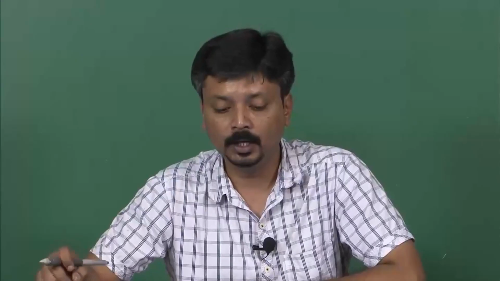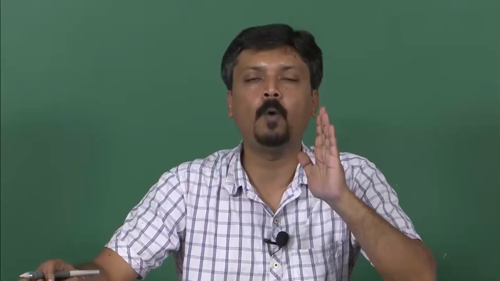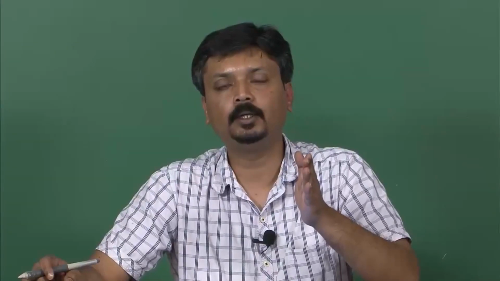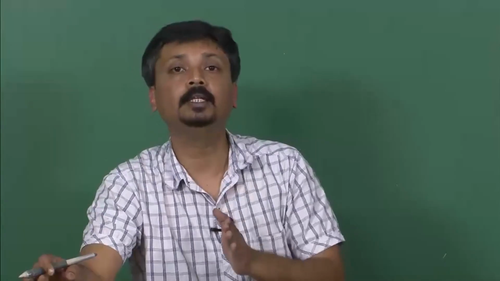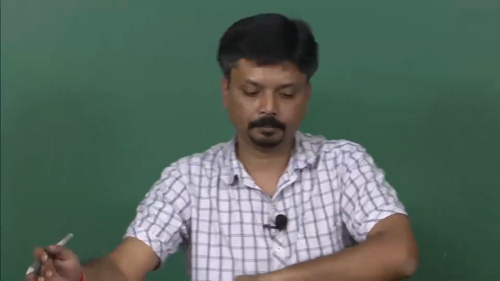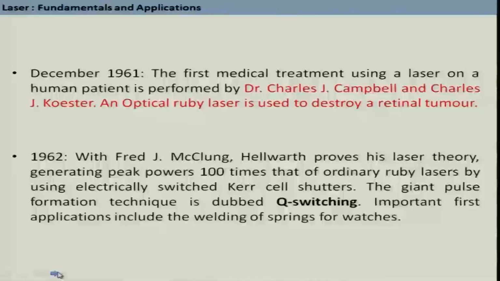Now, the interesting thing is that when laser was invented, nobody was sure what they could do with it. They were clueless, just trying to make it. But after its invention, it turns out that you can apply it to various different places, and this is the first example where laser was used in medical science, to destroy a retinal tumor using a ruby laser.